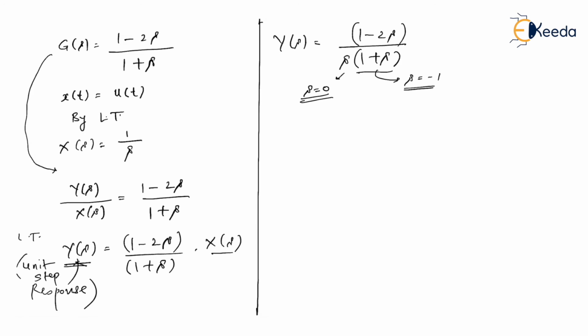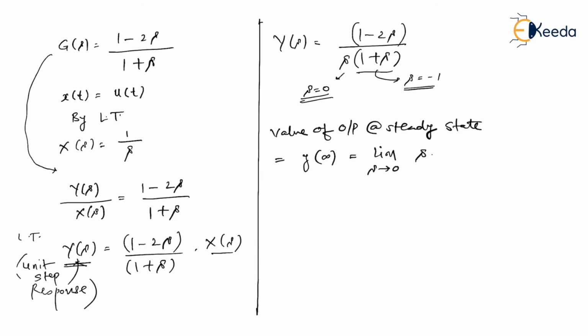So we can come to the conclusion that the final value theorem is applicable. I can apply it. So I would say the value of output at steady state is nothing but y of infinity, which is equal to limit as s tends to 0 of s times Y(s), which is now equal to limit s tends to 0 of s times, let us substitute the value of Y(s), (1 - 2s) divided by s into (1 + s).